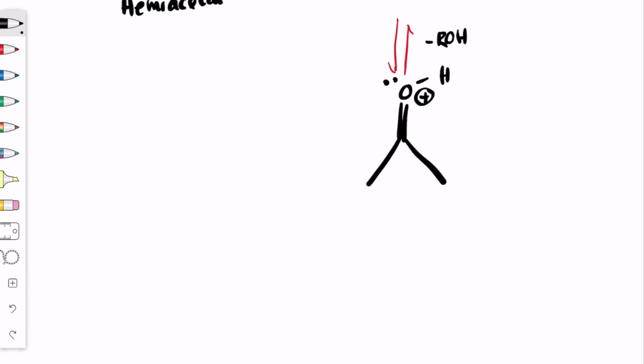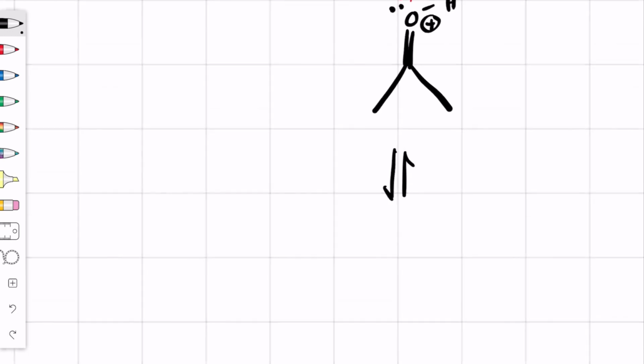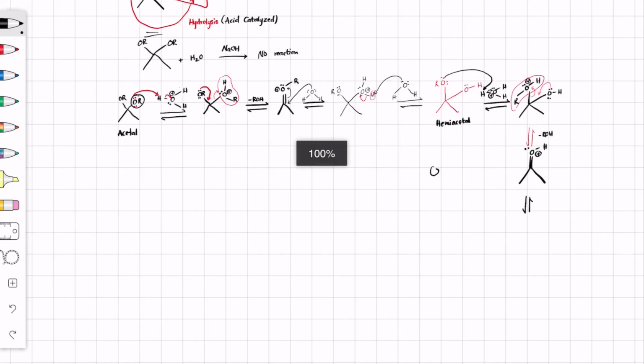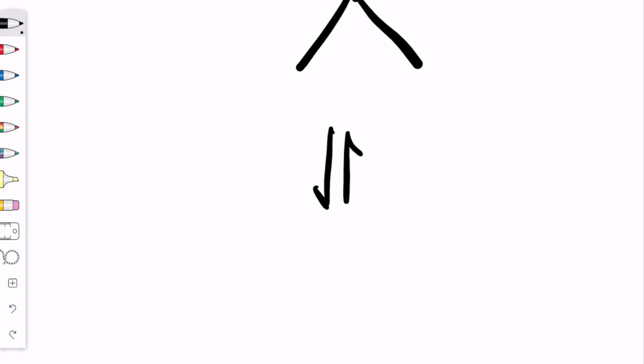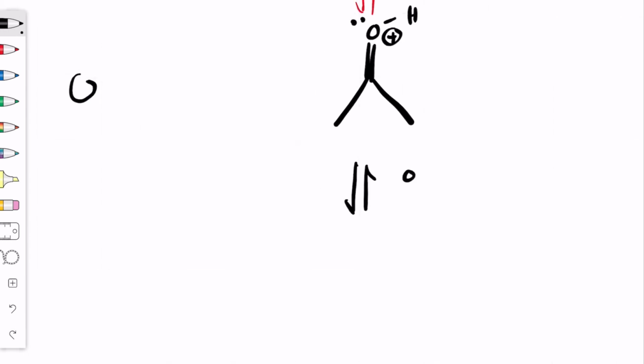Now another water molecule again will end up coming to the structure here. So if you take another water molecule here, this water molecule now attacks the proton, and the proton ends up giving the electron pair back to oxygen.